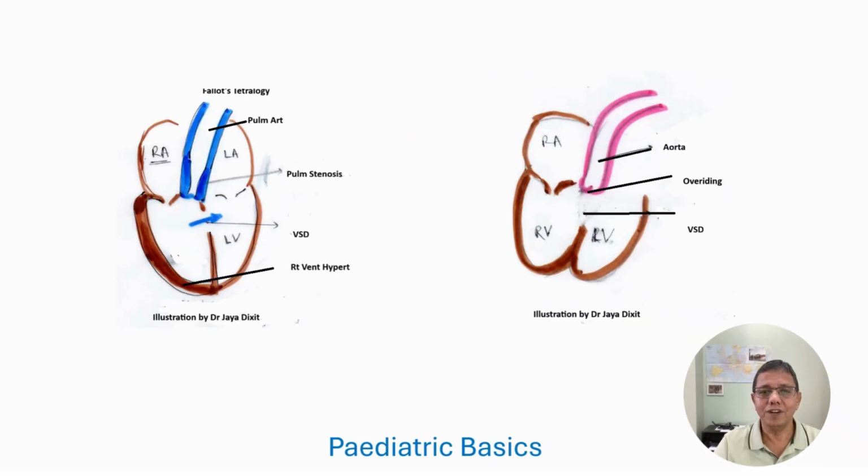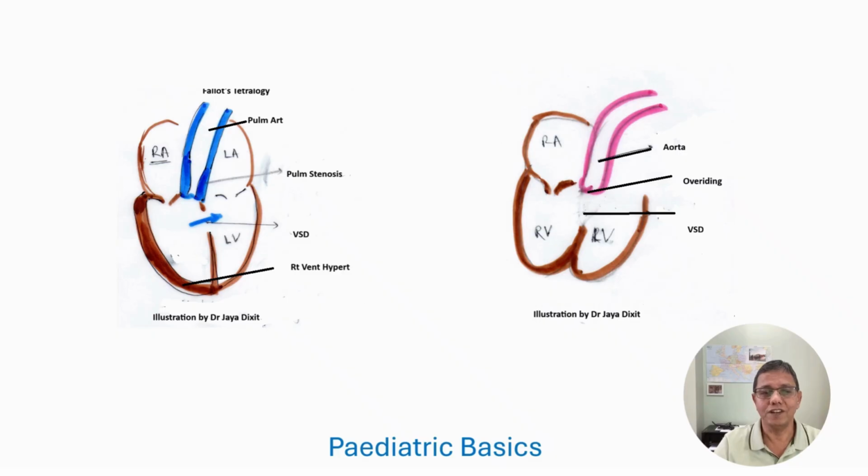The most common cyanotic congenital heart disease is Fallot's tetralogy, or tetralogy of Fallot. There are 4 components to it. I'm trying to explain through the pictures which were very kindly done by my wife Jaya.